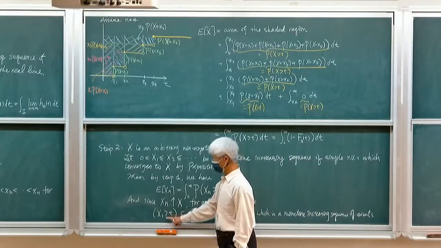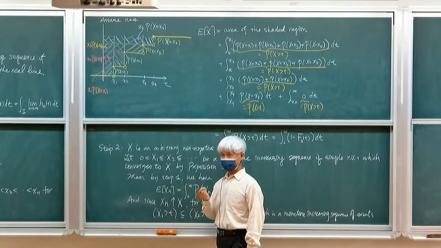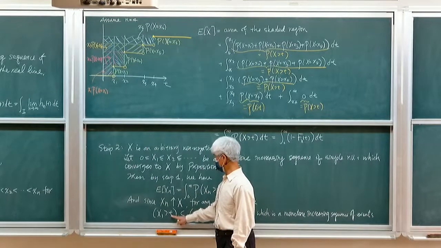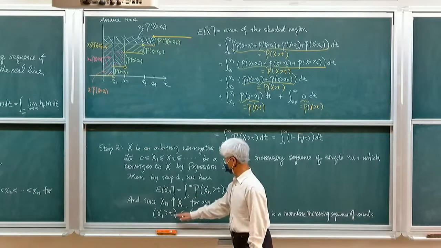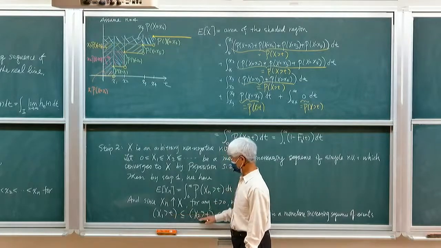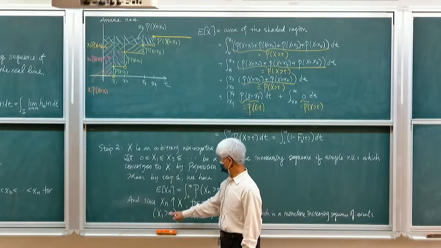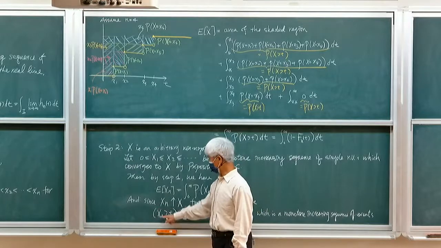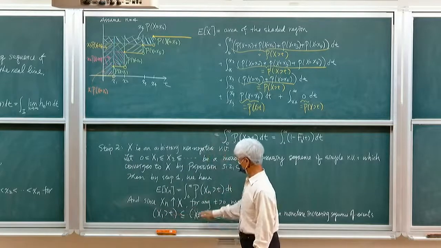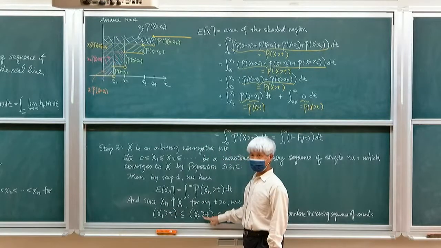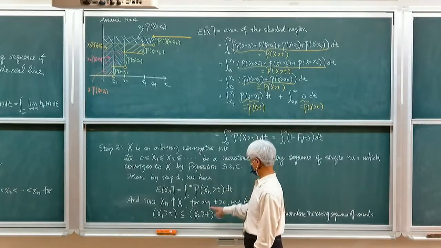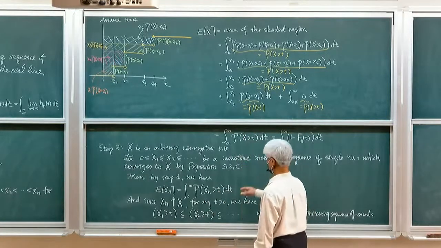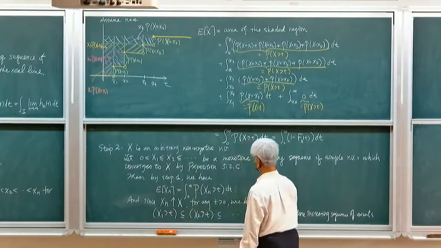Remember, each event is a subset of the sample space, right? So when you say that this subset is included in this subset, it means that every outcome in this event is an outcome in this event. So it's easy to justify that.